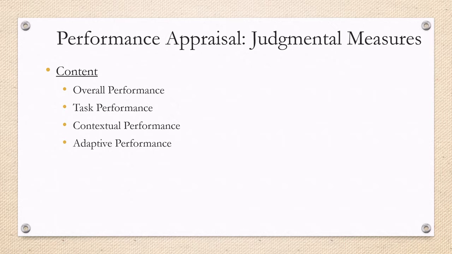So if we look at performance appraisal, we can have various components in the content of judgment measures. These could include overall performance, which sometimes has no real meaning. What are they measuring anyway? It's hard to say what the rater is evaluating.